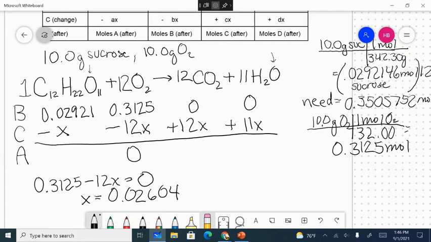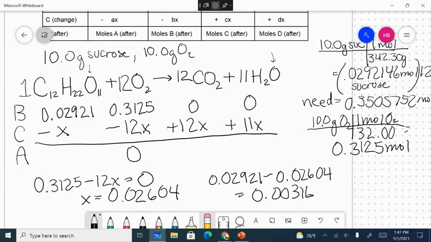So now, in order to figure out the after right here, this is going to be 0.02921 minus x, and I can see it's not going to give me a negative quantity, so I didn't make a mistake. If it was going to give me a negative quantity, that's what would tell me I made a mistake. This is 0.00316. That's how much of this is left.